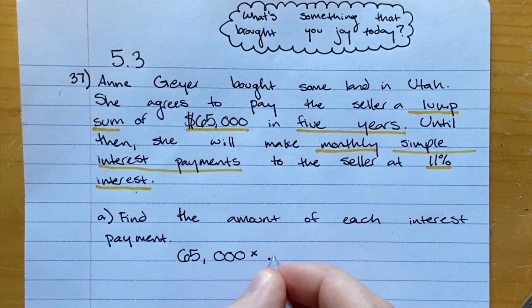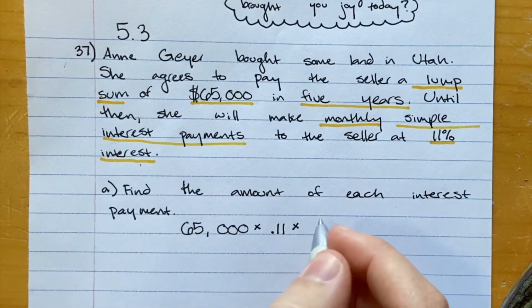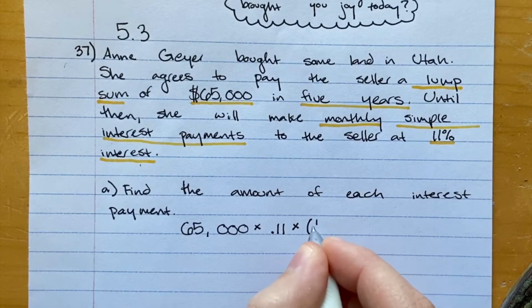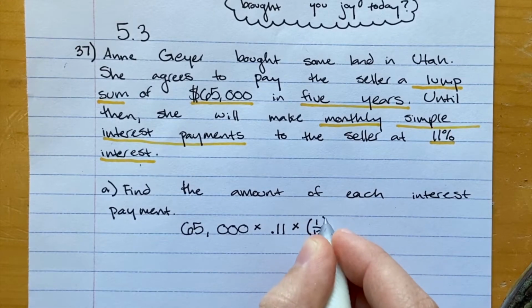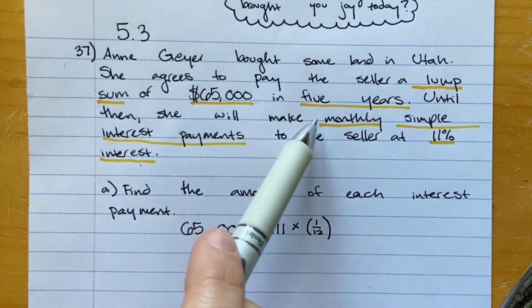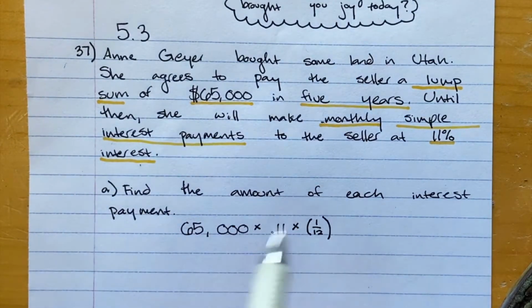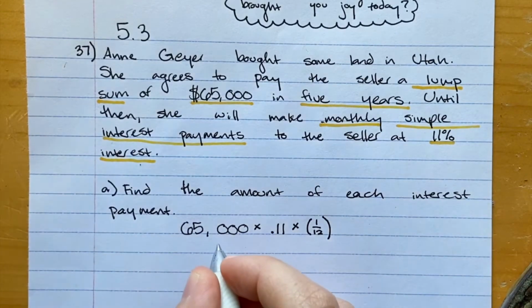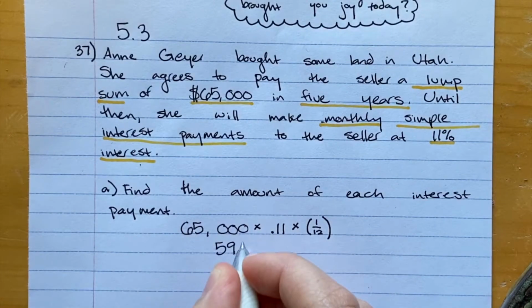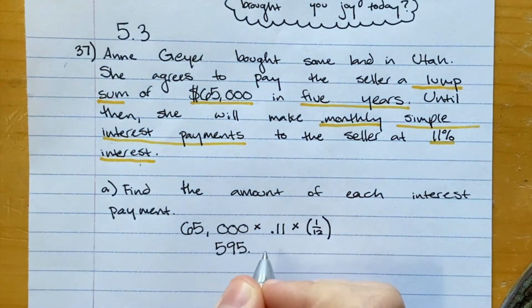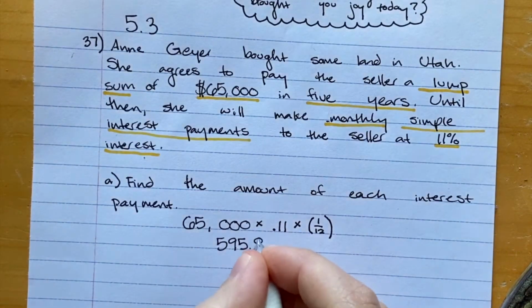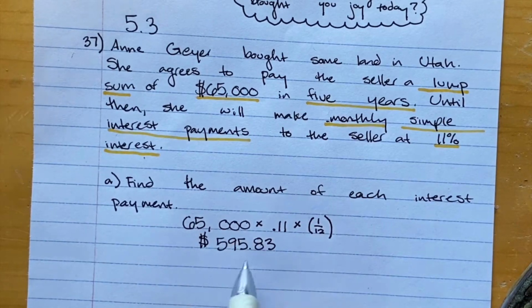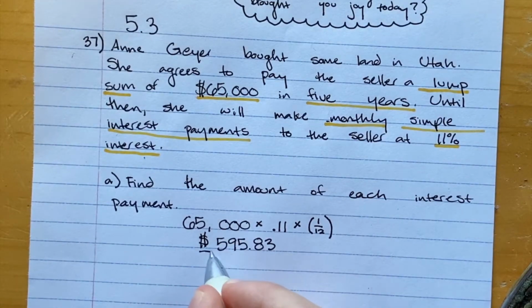I'm going to multiply that by 1/12 because this is happening monthly. So you're going to put that into your calculator and you're going to get 595.83. So each simple interest payment is $595.83.